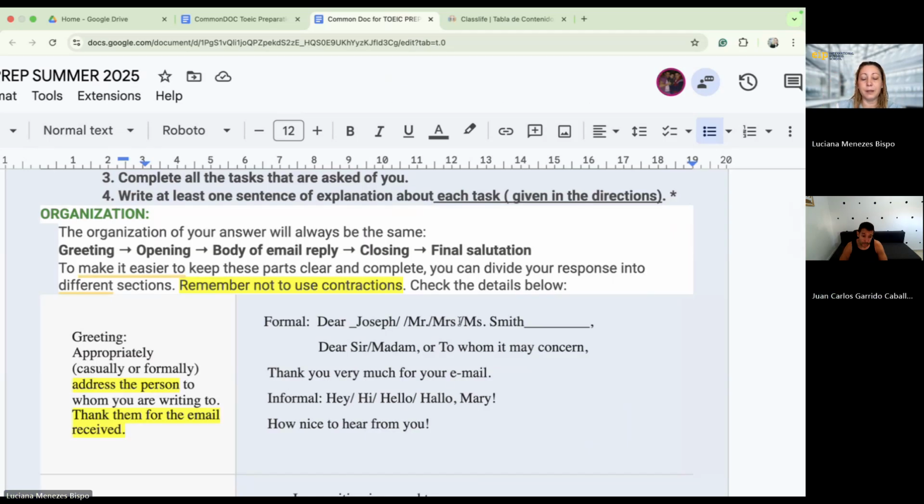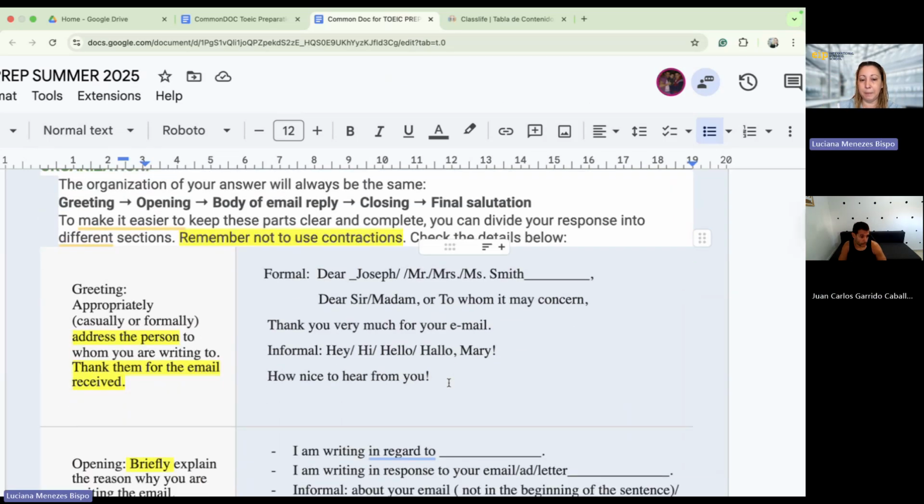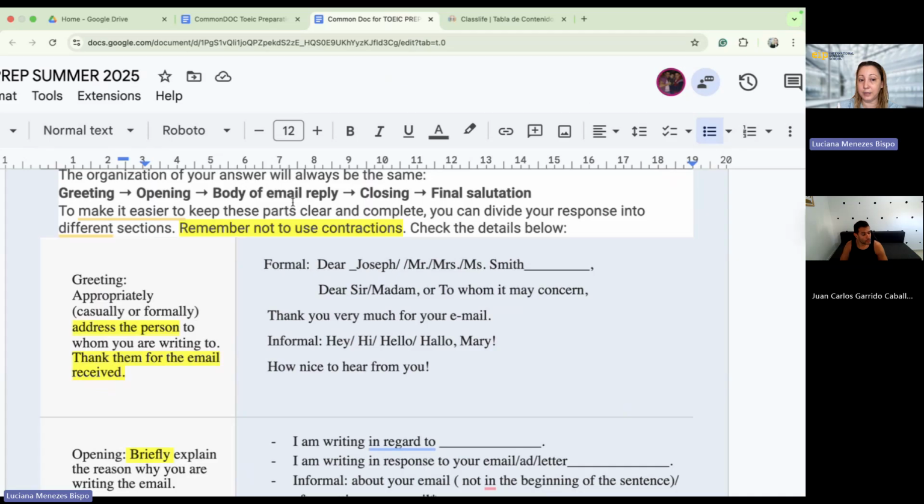Okay. Let's split the parts of our organization. To make it easier to keep these parts clear and complete, you can divide your response into different sections. Remember not to use contractions.